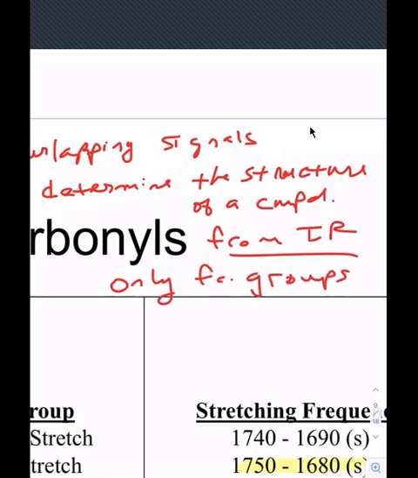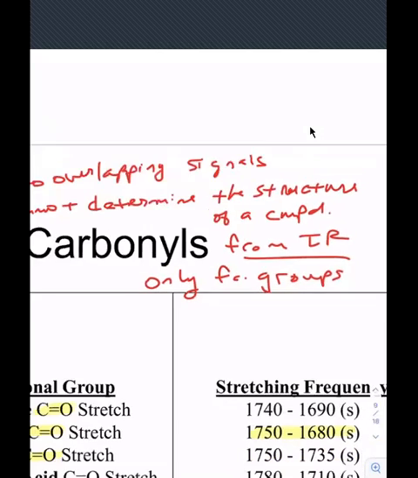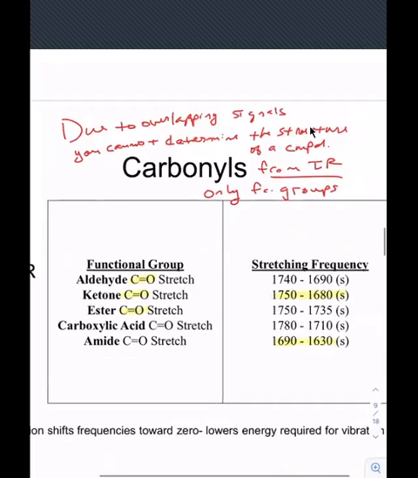Right, you can only determine functional groups. You cannot determine the structure. You can only determine what functional groups are present. All right. You can't tell which carbons the functional groups are bonded to. You don't know any of that. All you know is that it's there.